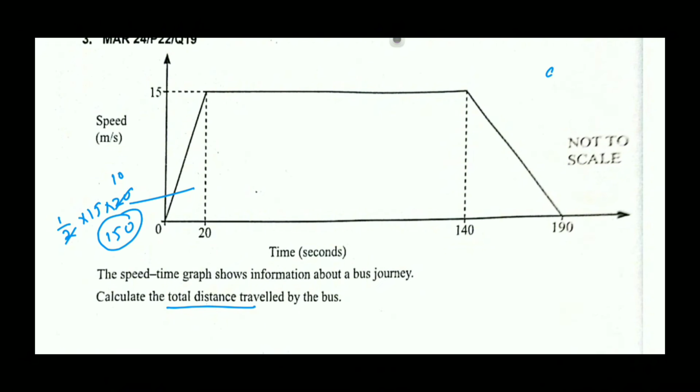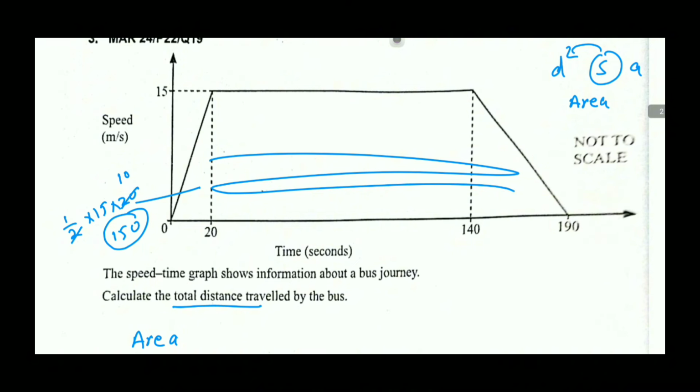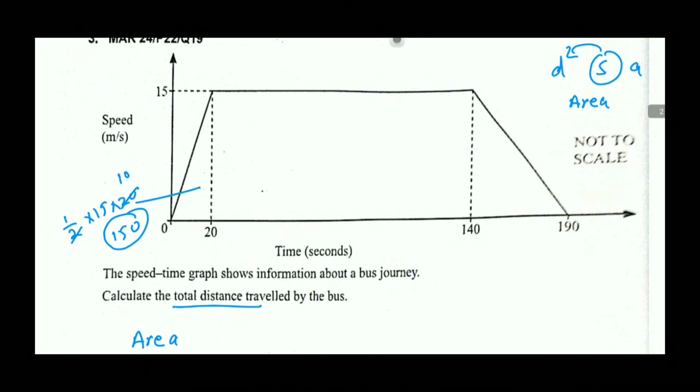Again, first of all, if we apply DSA, it means we are going to find distance from speed. Backward means area under the graph. That's why we are going to find the area under the graph. If they are asking to find total distance, it means we have to find the total area. The area of this rectangle is 15 into the width, which is 140 minus 20, 120.